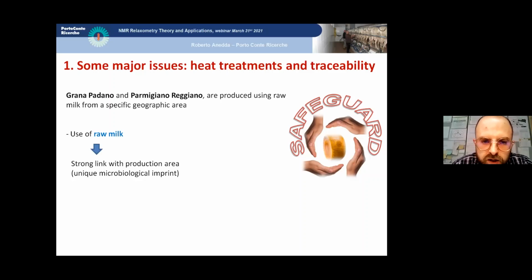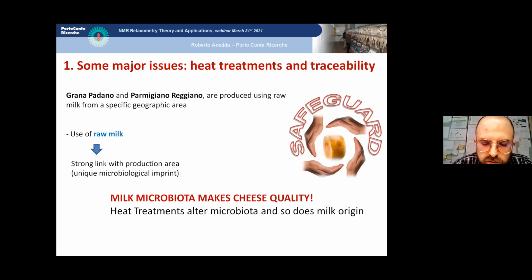Milk microbiota makes quality, of course, and heat treatment, thermization of milk alters microbiota. This is very important, and it has been demonstrated very extensively.